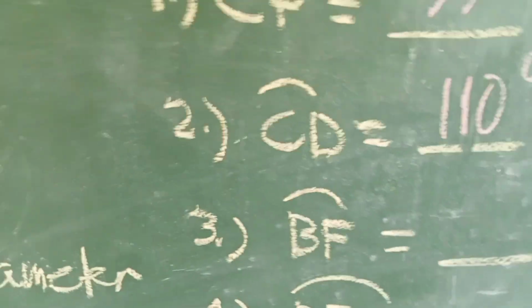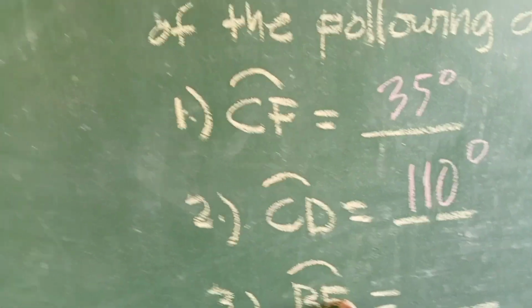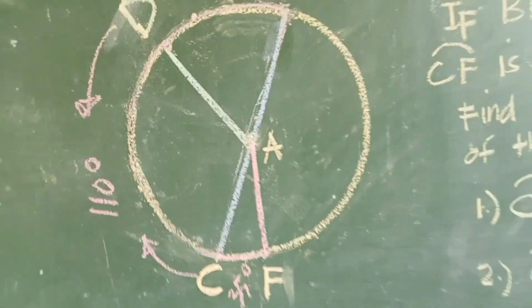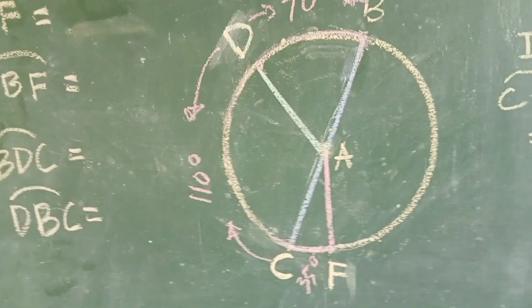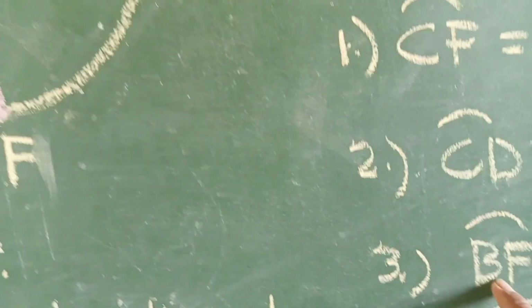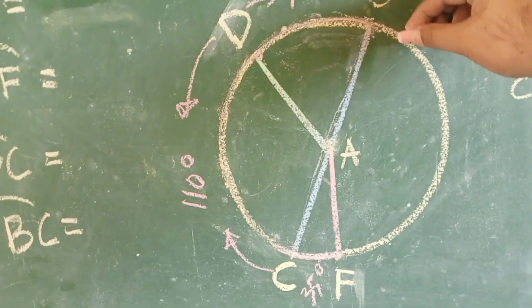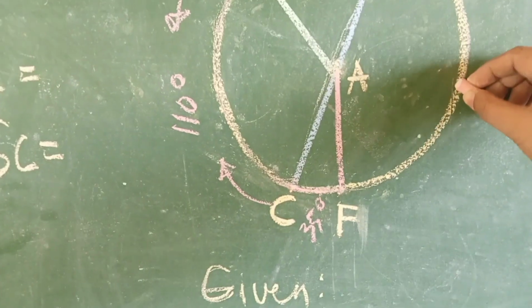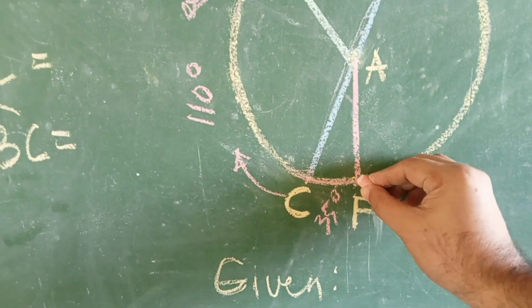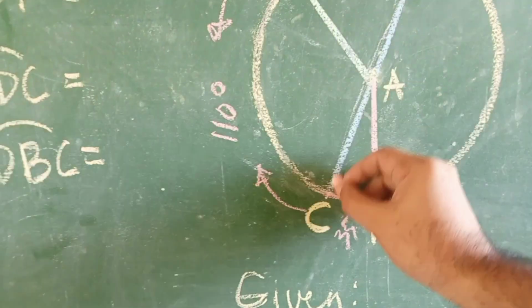Okay, next question. What is the measure of arc BF? Okay, let's try to locate here. Where is arc BF? So from point B, you start from point B here, moving towards point F. If you try to analyze, it is not exactly half of a circle.